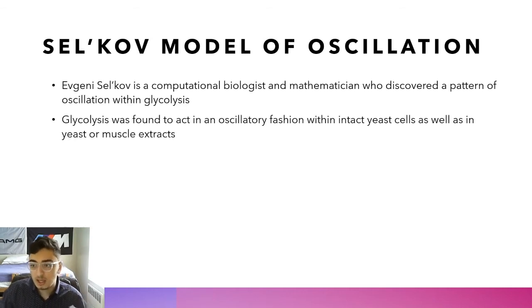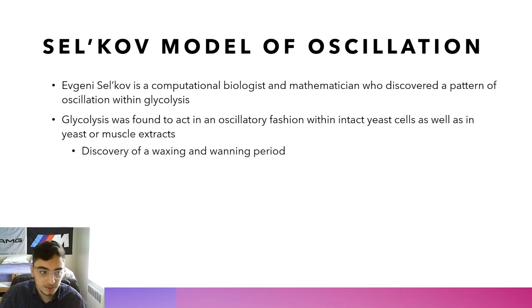Evgeny Selkov is a computational biologist and mathematician who discovered a pattern of oscillation within glycolysis. Glycolysis was found to act in an oscillatory fashion within intact yeast cells as well as in yeast or muscle extracts.